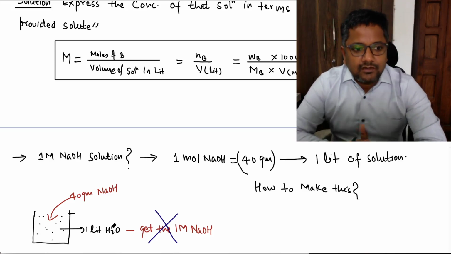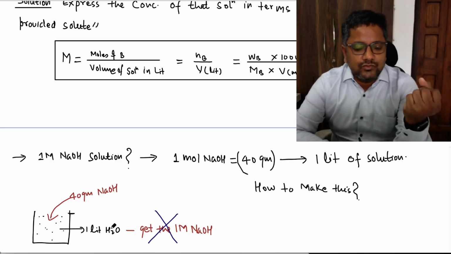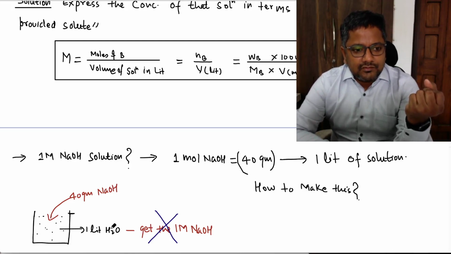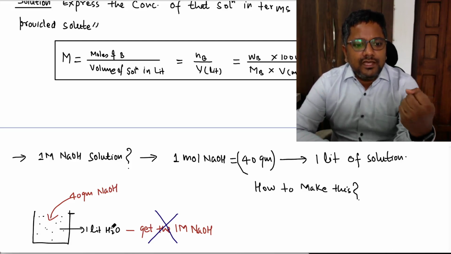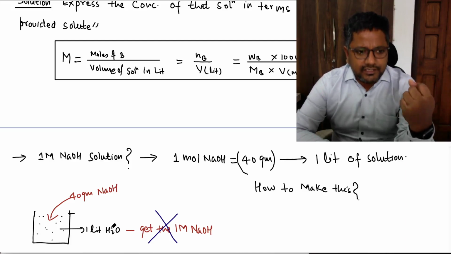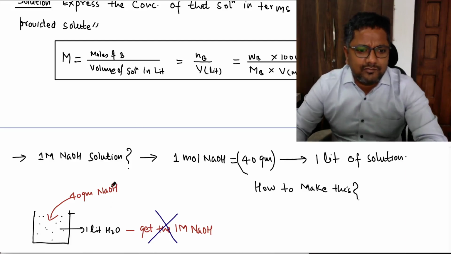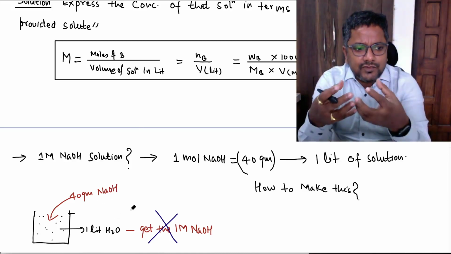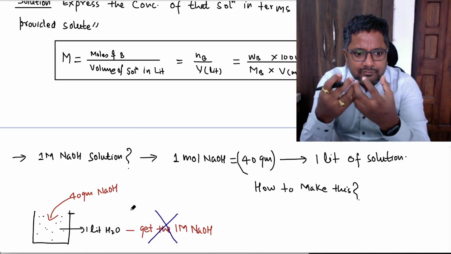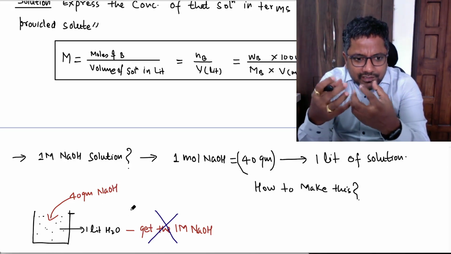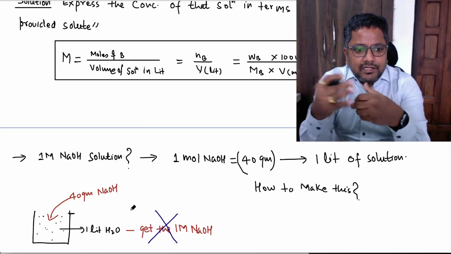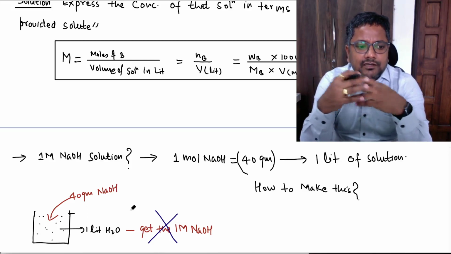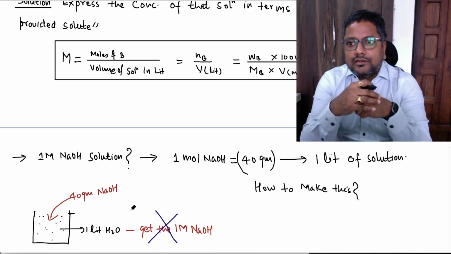Why? Because when you mix these two in 1 liter, the volume may increase or decrease, because this is not ideal behavior between NaOH and water. Practically we usually get the reduced volume. That's why I am telling you, you will get molarity greater than 1 molar, right?